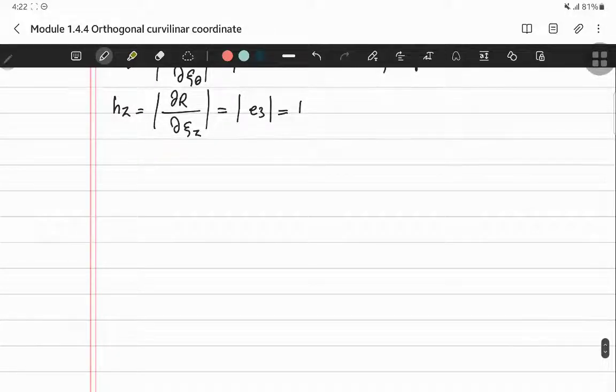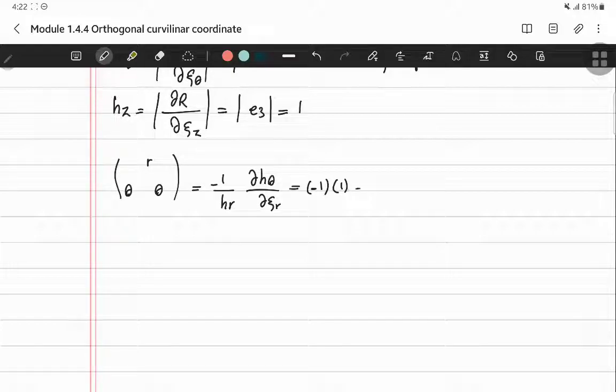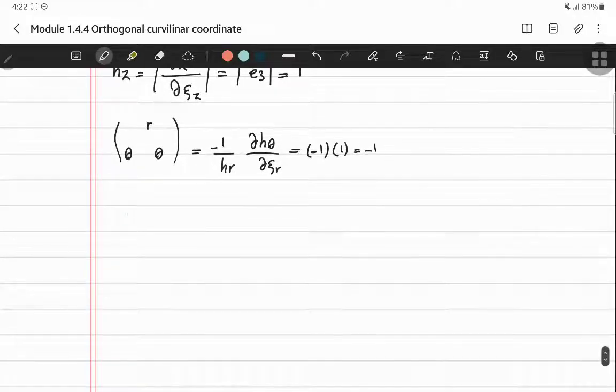So you're going to have gamma r theta as minus 1 over h r, partial derivative of h theta with respect to z r. h r is 1, so this becomes minus 1, and this is also 1. So finally it becomes minus 1.